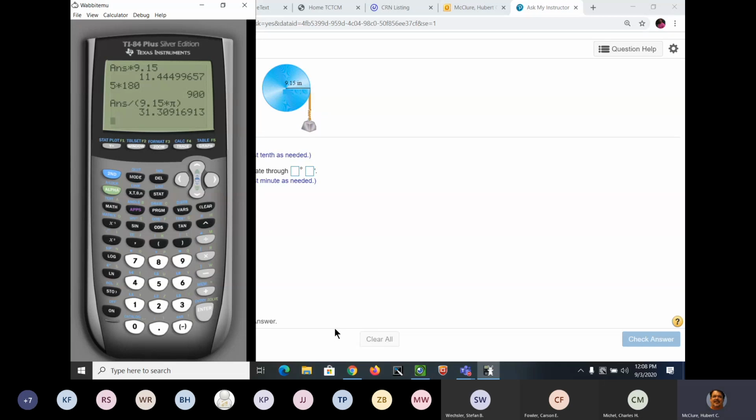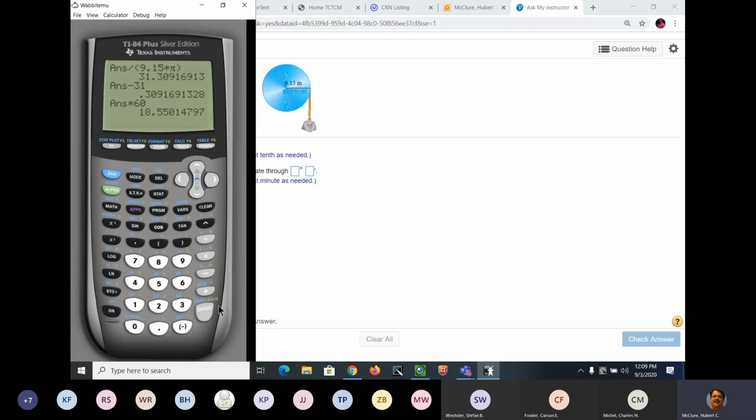So that means I'm going to take minus 31, and I'm going to multiply by 60. That gives me 18. So that's 31 degrees, 18 minutes.